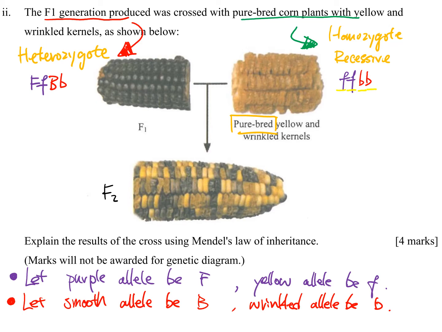This is the genotype. And what types of gamete is it going to form? It is going to form only one type of gamete, small f, small b. And then let's write it down. One type of gamete.